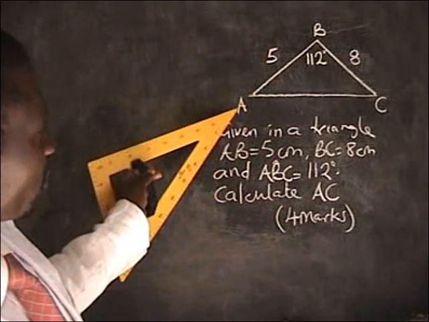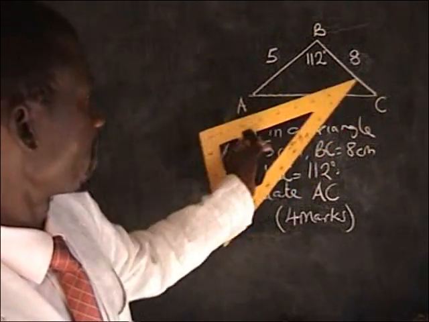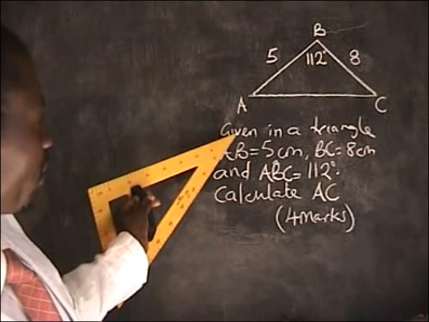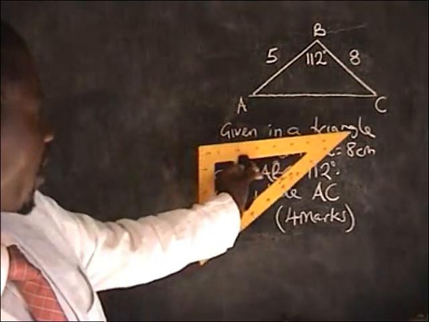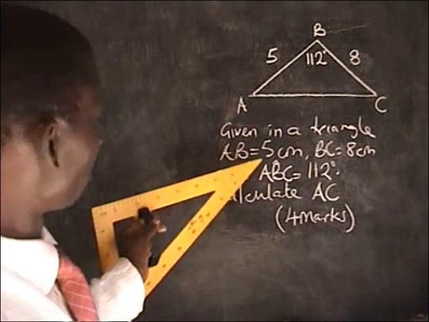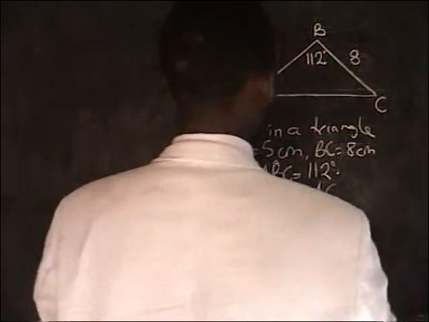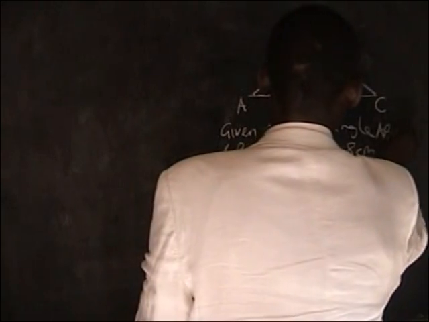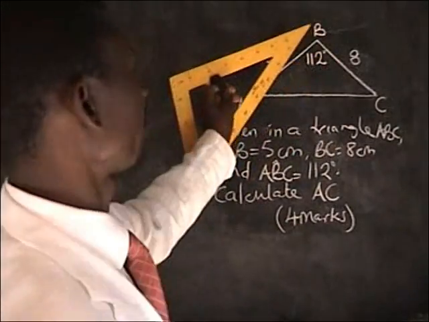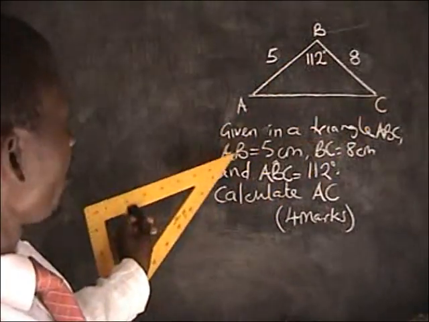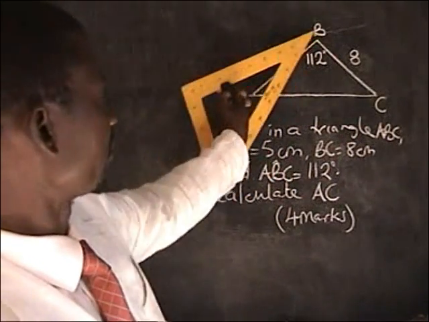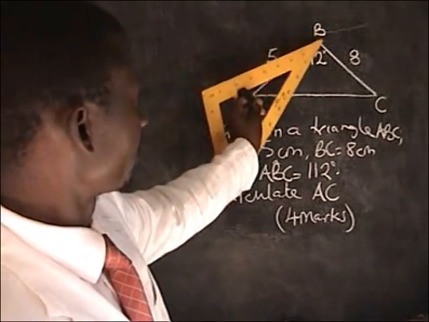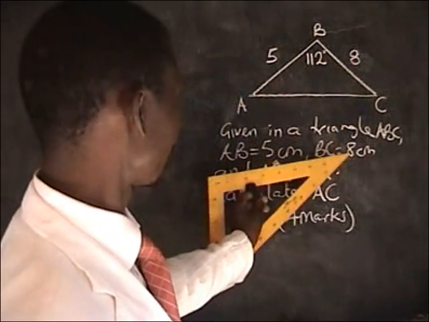If you examine the triangle marked ABC, according to the information, it is given that in triangle ABC, AB is 5 centimeters. A to B, this is 5 centimeters. Then B to C, this is 80 centimeters.